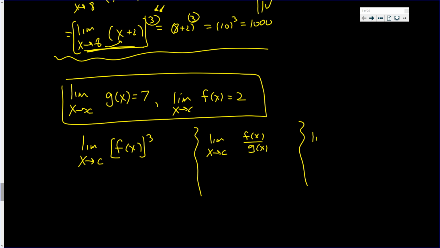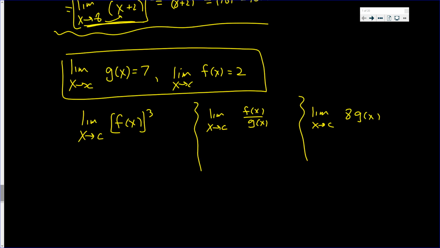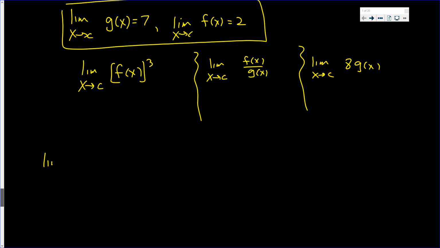And what is the limit as x goes to c of 8 times g(x)? And one more. What about the limit as x goes to c of 4 times f(x) minus 2 times g(x)? Okay.